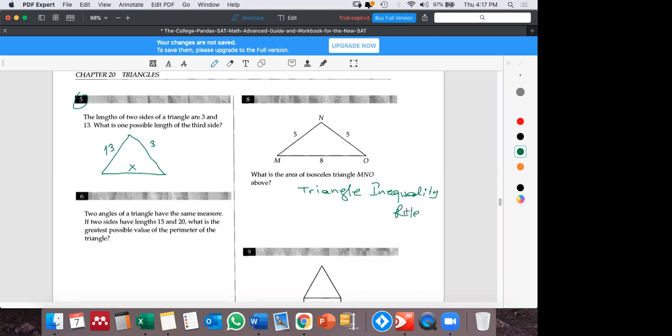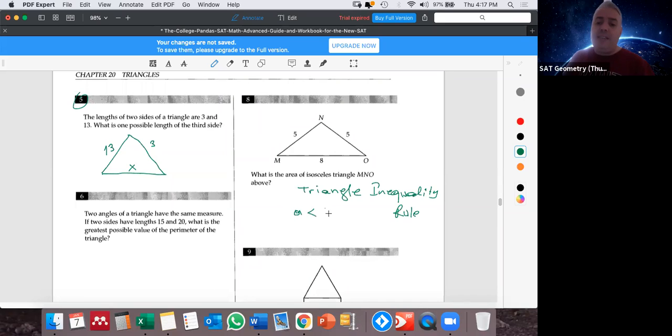What does it mean? A is less than B plus C, greater than B minus C. B is less than A plus C, greater than A minus C. C is less than A plus B, and greater than A minus B. Just memorize it like that. The letters are not important.